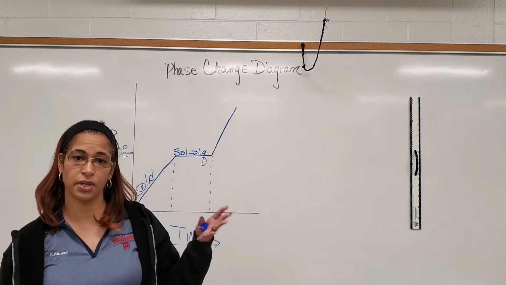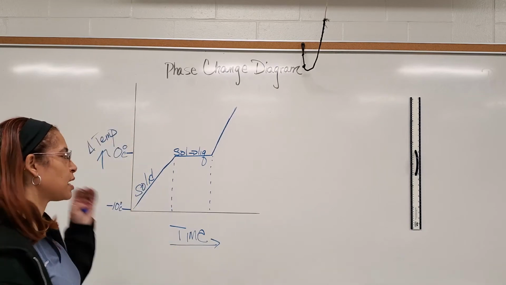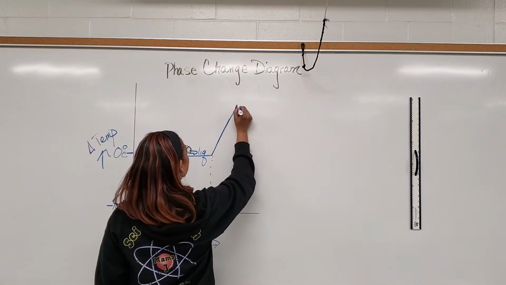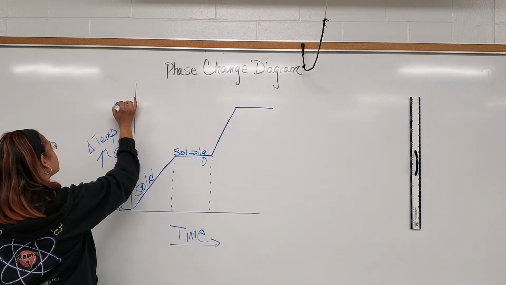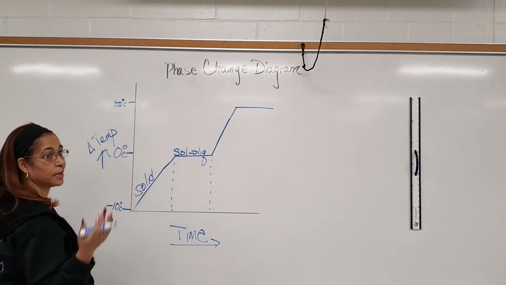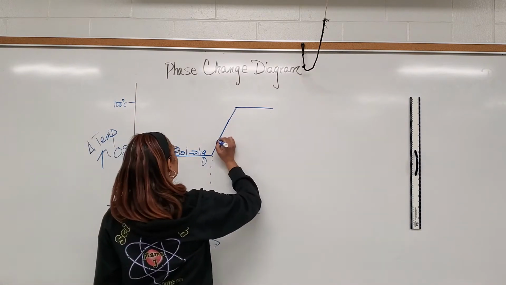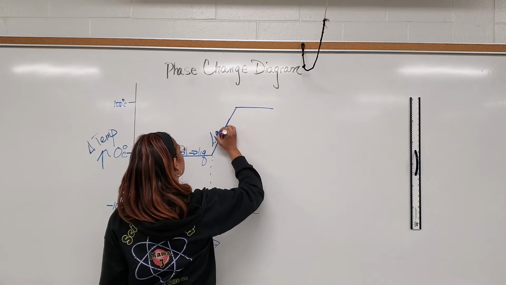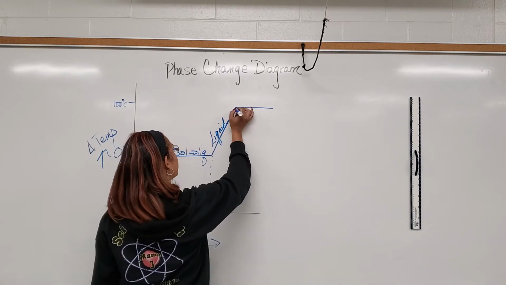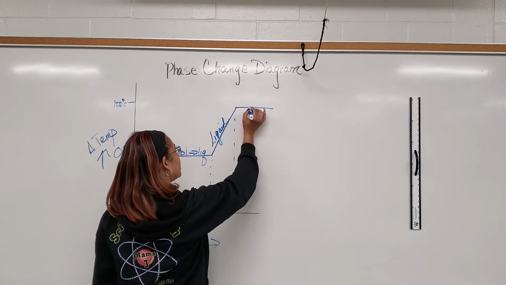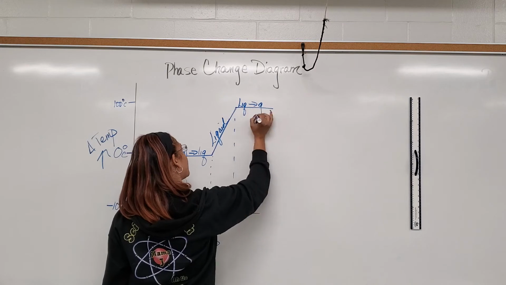Either it reaches equilibrium with outside, or in the case, because it is over 100 degrees outside, it reaches the next change of state, which at 100 degrees is the boiling point. So it is a liquid here, and here it will change from a liquid to a gas.